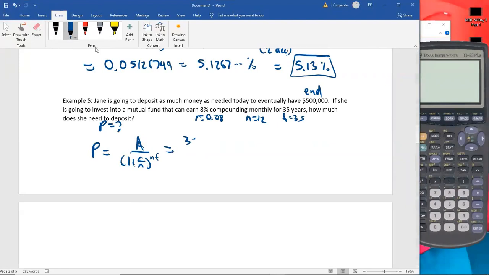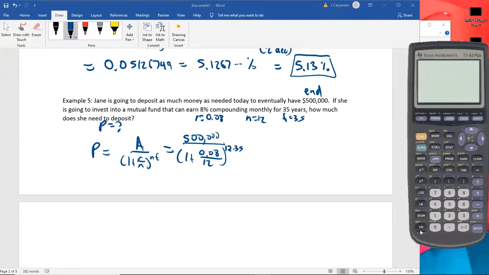So we have our 500,000 divided by parentheses 1 plus the 0.08 divided by 12, raised to the nt, which is 12 times 35. You need to see what 12 times 35 is. It's 420.